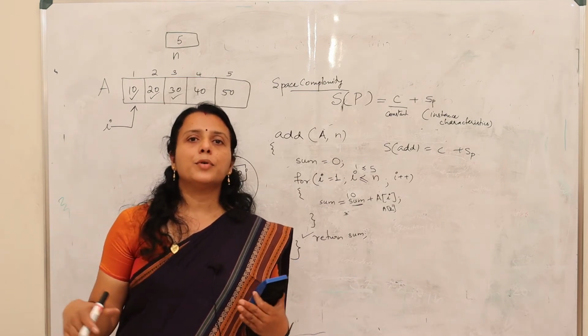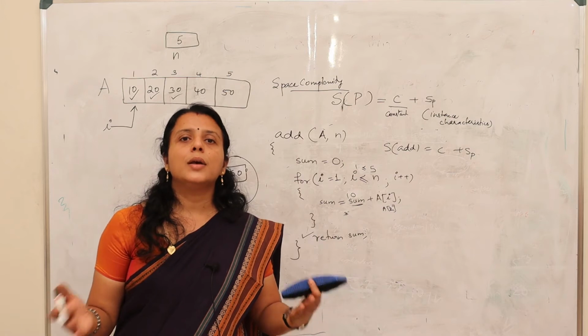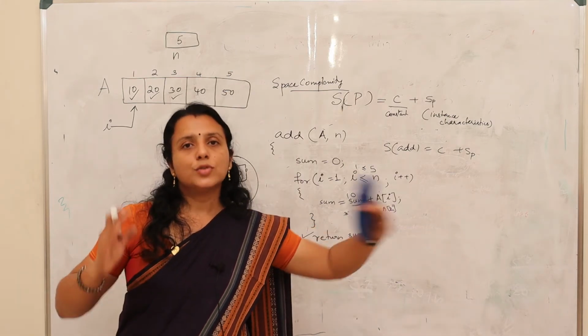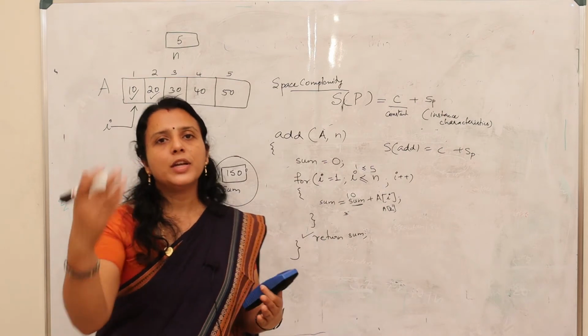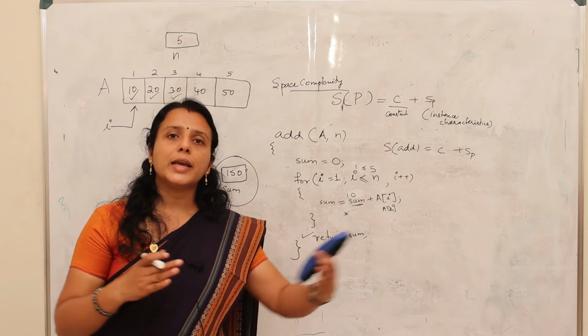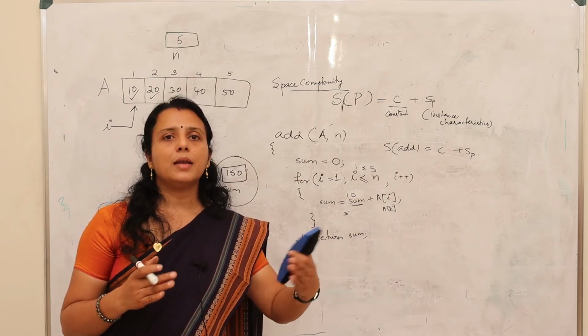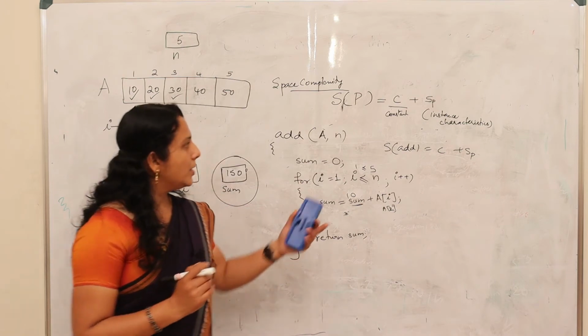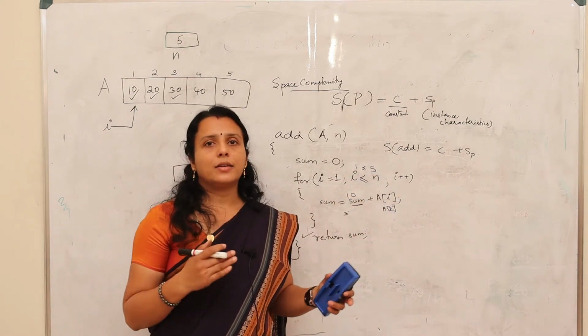Next time another programmer executes this program with n equal to 20, your array size will be 20. So depending upon different instances, this array variable A is expanding or shrinking its size. That is what is known as instance characteristics.